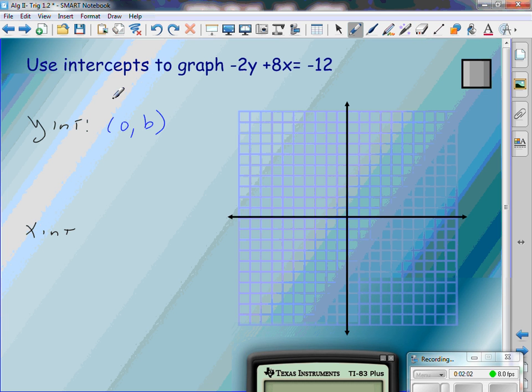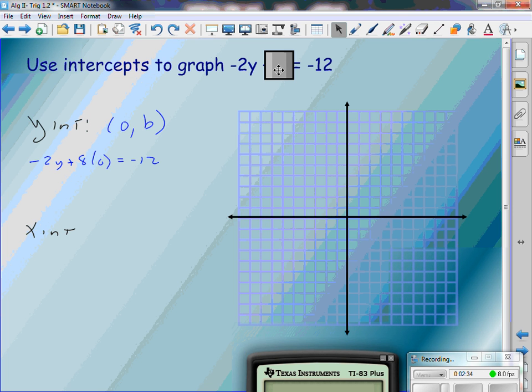So what value is this? It's your x value. The x value is always 0. Negative 2y plus 8 times 0 equals negative 12. All I'm doing is putting in 0 for x. And I don't even have to write this down, really, because I can just cover this up, because what's 8 times 0? No matter what, it's going to cancel out.